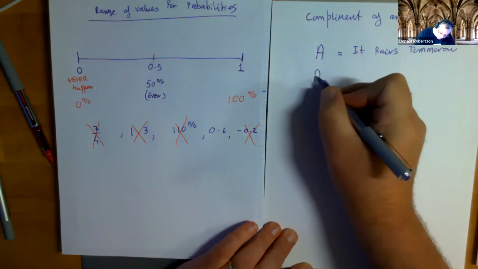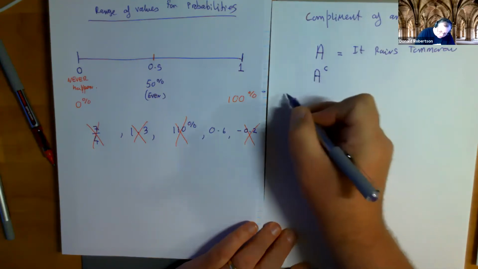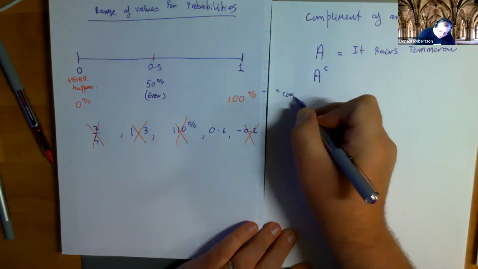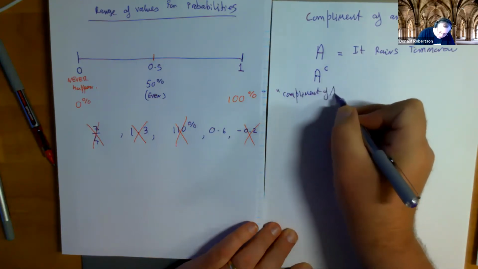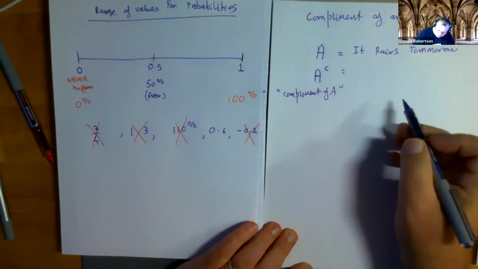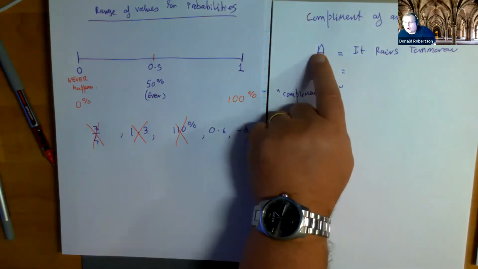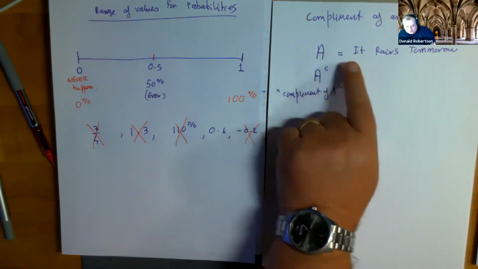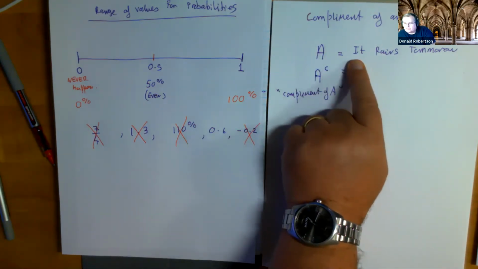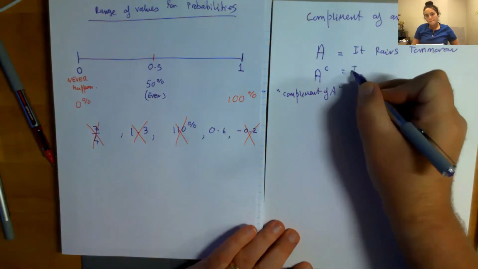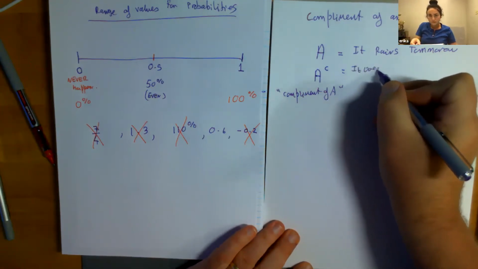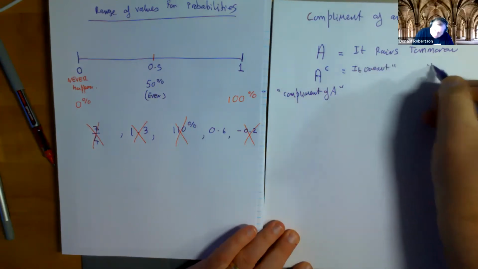The complement of A, we write it like this, but you read it out loud as the complement of A. It's the event that is the exact opposite of whatever A is. So what's the exact opposite of it rains tomorrow? It doesn't rain. Right? So you could say it doesn't rain tomorrow.